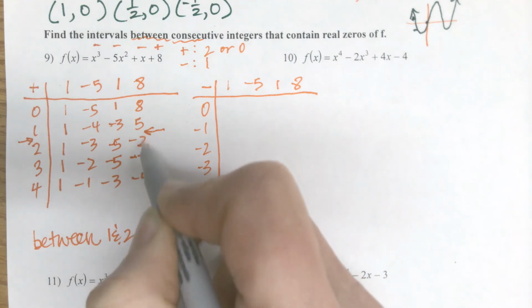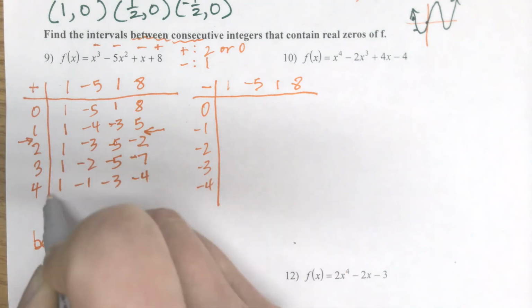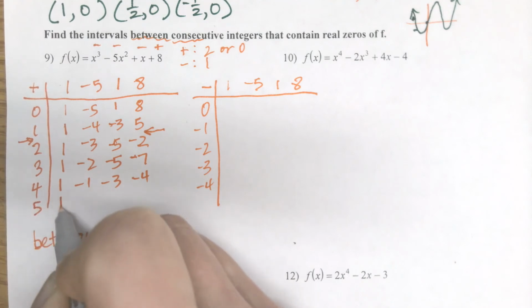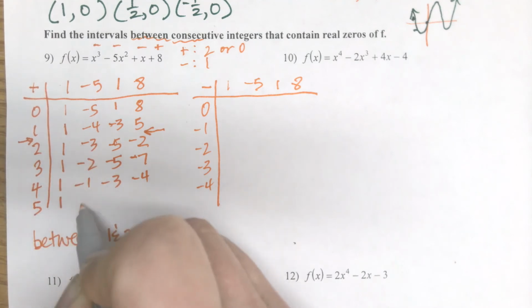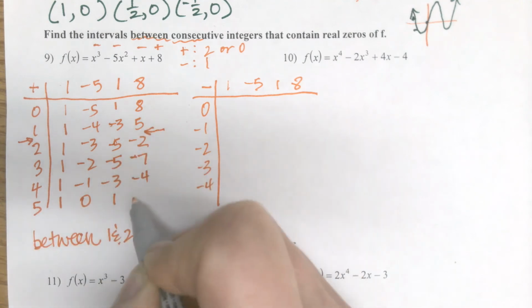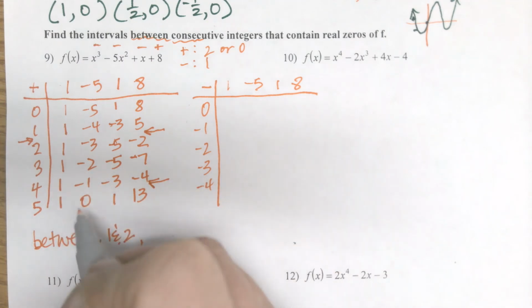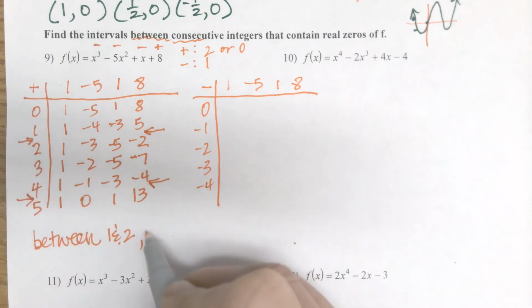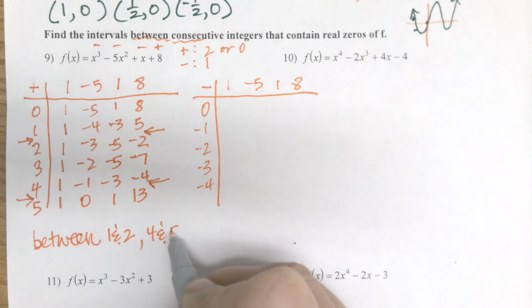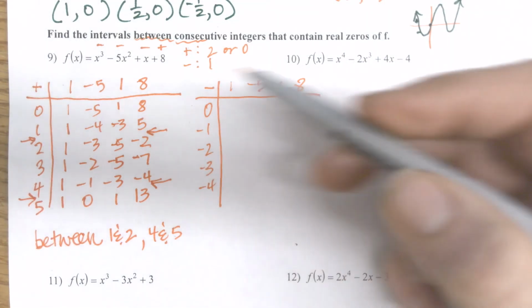But I'm changing directions, so I'm getting closer. I went down to -7, now I'm turning back around. I'll try 5, multiply and add, and there I go. Change of signs, therefore, between 4 and 5, I have another zero. So I'm just looking where the signs change here.